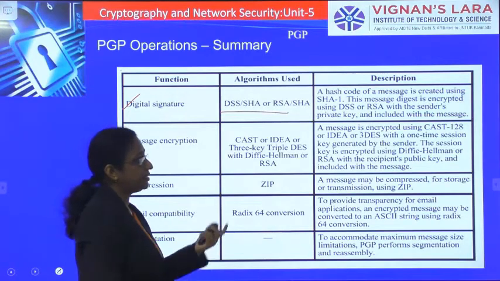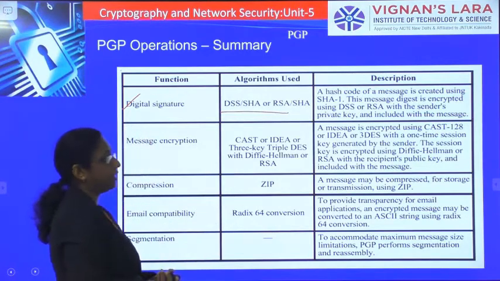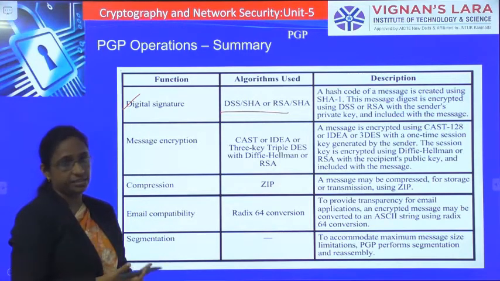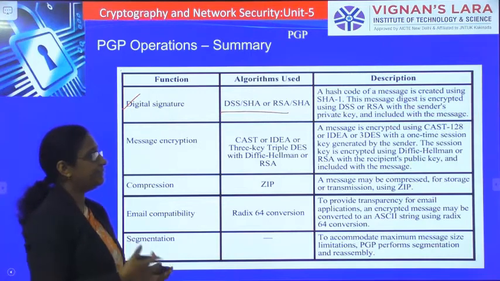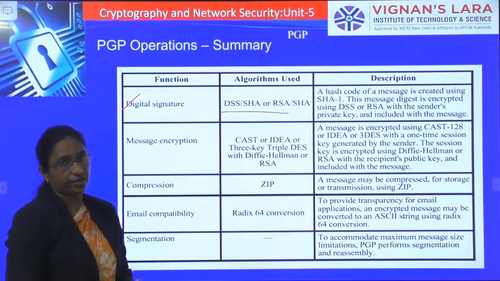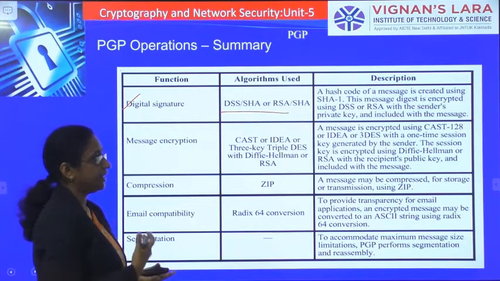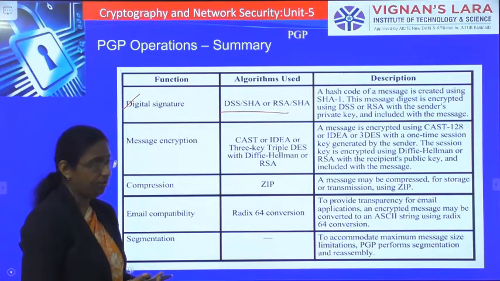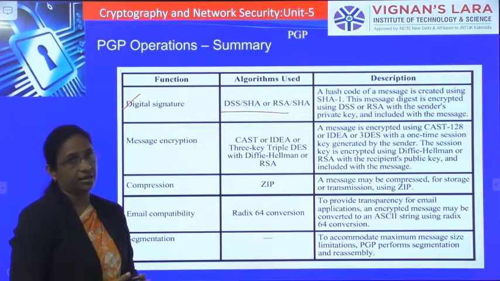Similarly, for generating those signatures, we will be using the DSS or RSA algorithm, and for generating the hash code, or message digest or hash value, we will be using the SHA algorithm.